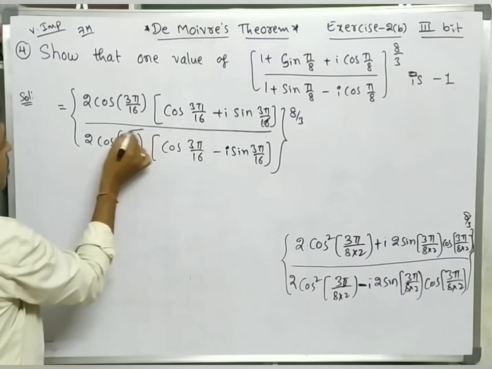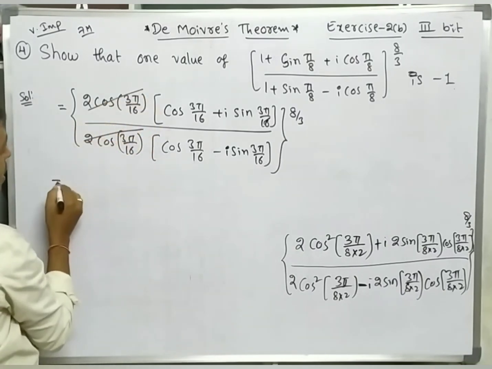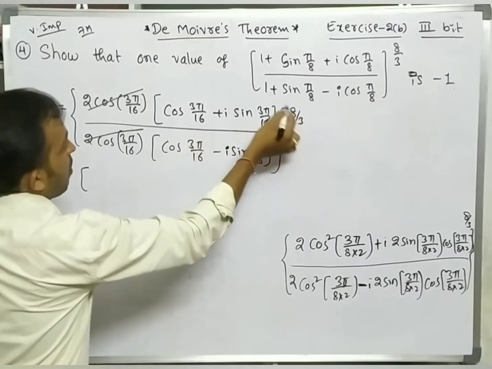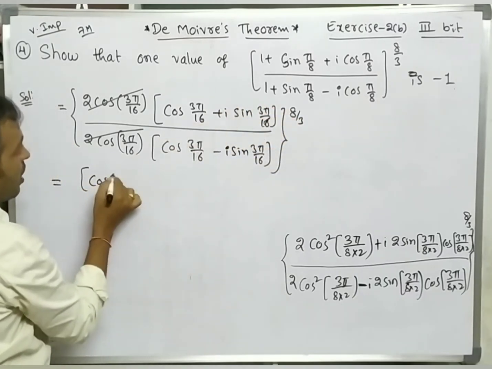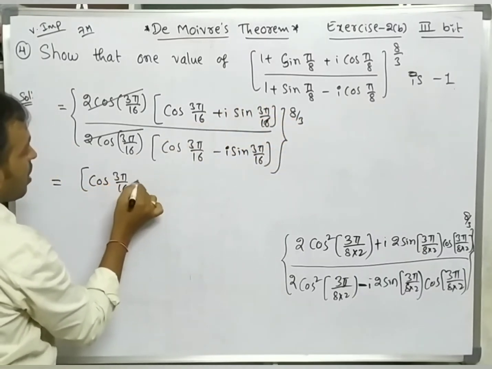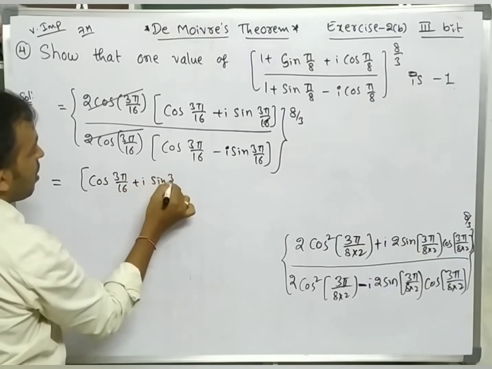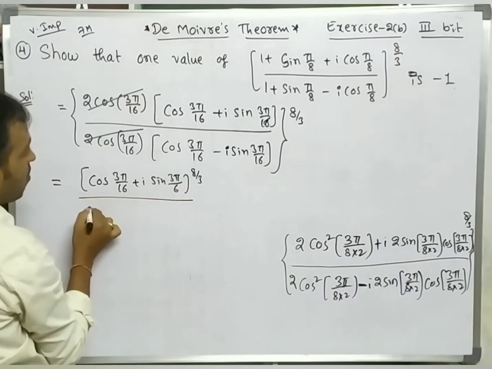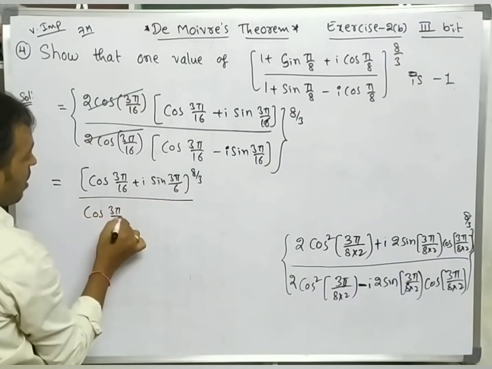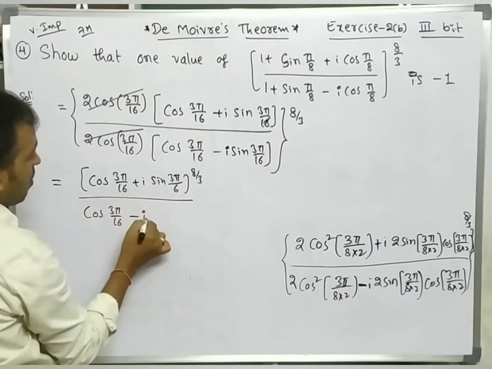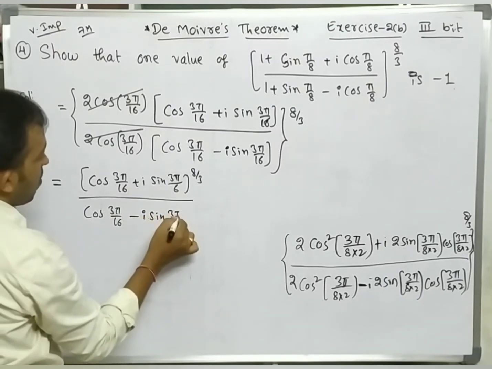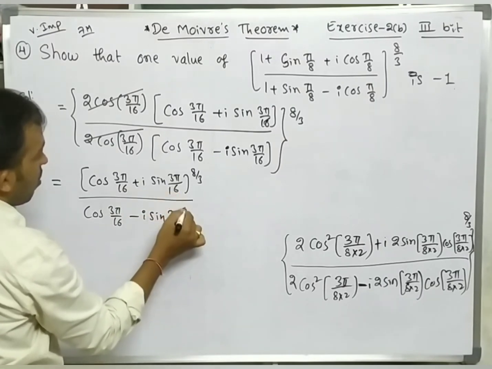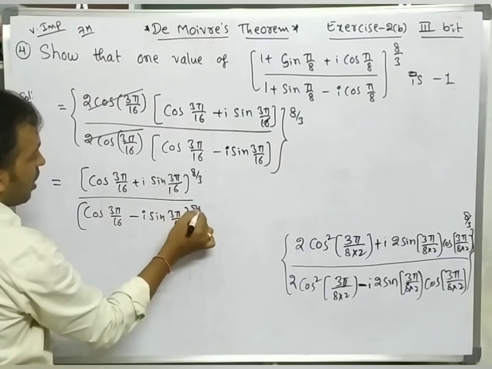Okay, so here these two terms get cancelled. Apply power to numerator and denominator. Cos 3 pi by 16 plus I sin 3 pi by 16 whole power 8 by 3 by cos 3 pi by 16 minus I sin 3 pi by 16 whole power 8 by 3.